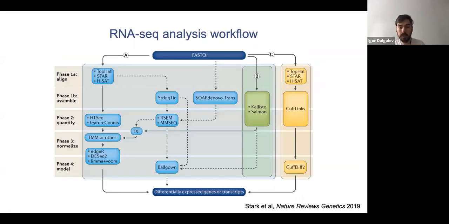So these are some of the classic RNA-Seq workflow options. The option that we'll take today is this leftmost column, where we'll use STAR to align, featureCounts to count, and then DESeq2 for the differential expression, which Tosh will address in more detail next week.